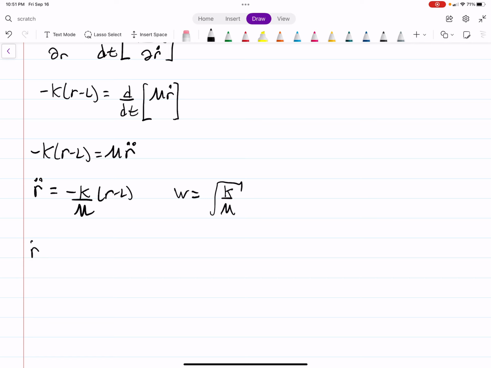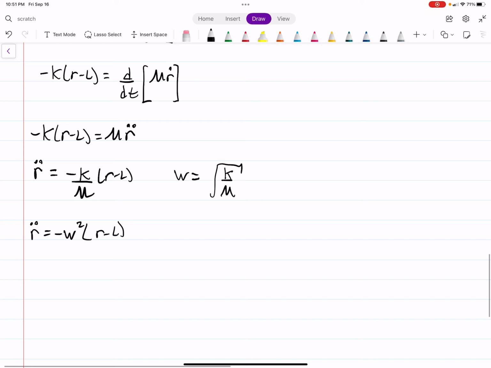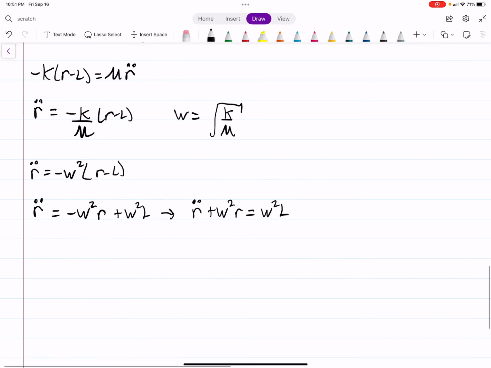So now we have r double dot equals minus omega squared (r minus L). Then I could distribute that, and I get r double dot equals minus omega squared r plus omega squared L. And finally I can rewrite it as r double dot plus omega squared r equals omega squared L.